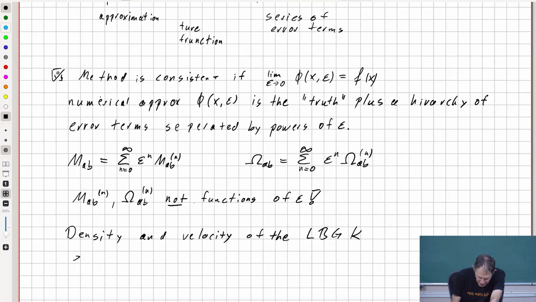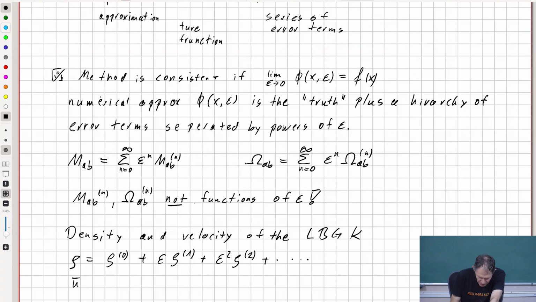So basically, we have a rho zero order moment that we calculate, and this is made up of a zero order term of this rho plus epsilon times the first order term plus epsilon squared times the second order term plus dot dot dot to infinity.